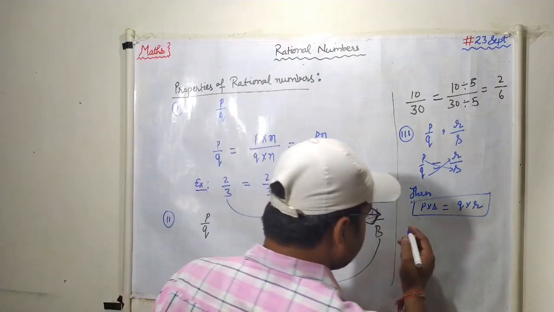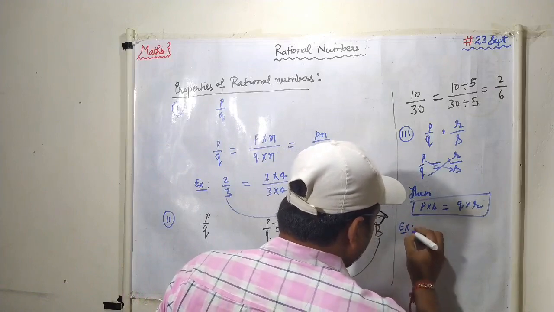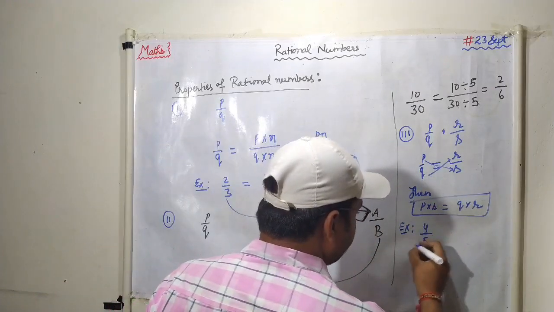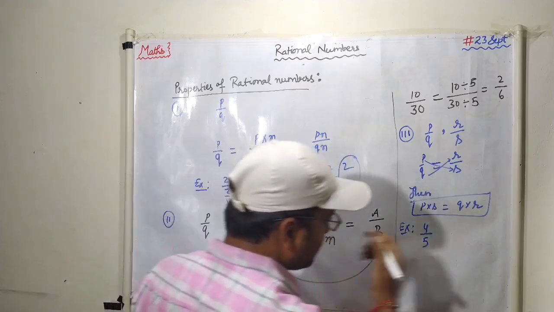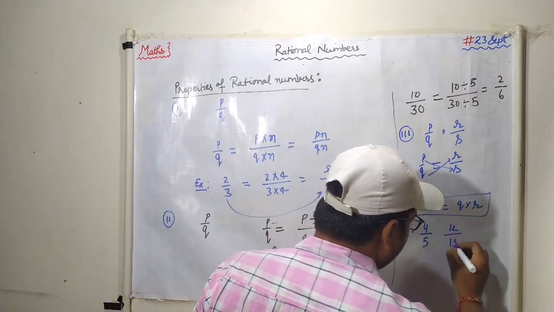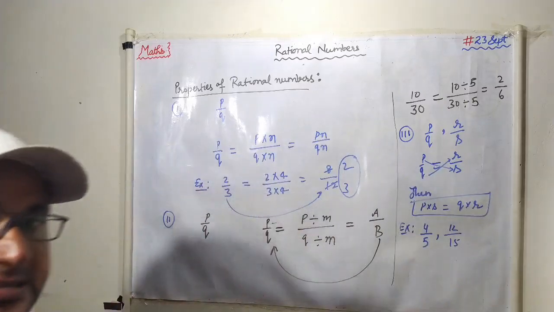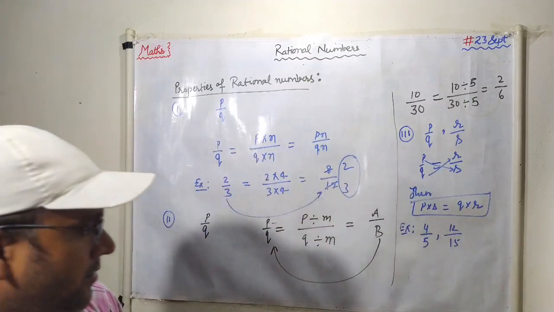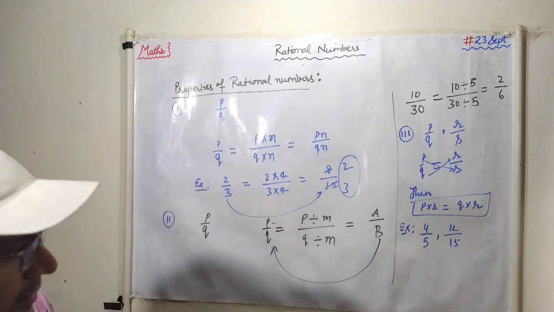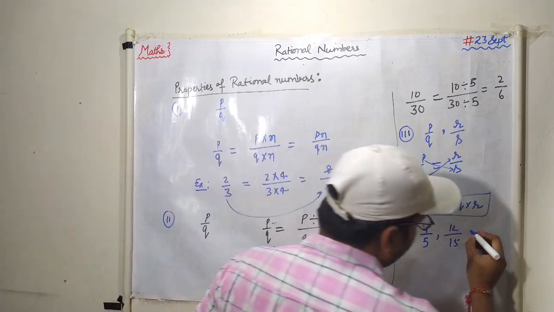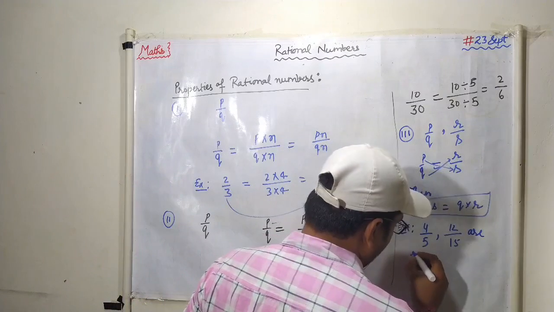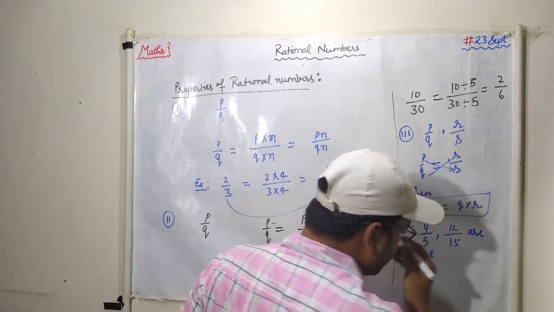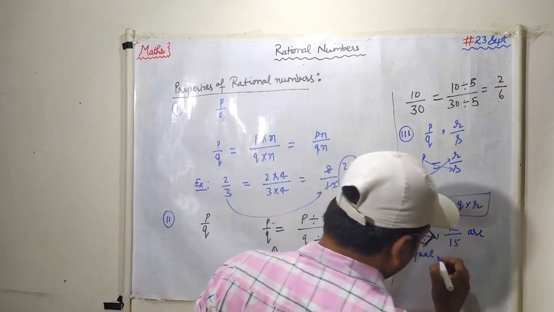So, example: 4 upon 5 and 12 upon 15. I have taken two rational numbers, 4 upon 5 and 12 upon 15. Are they equal? See whether their cross products are equal or not.